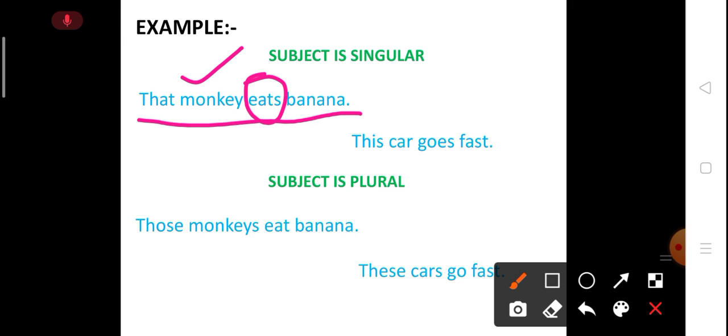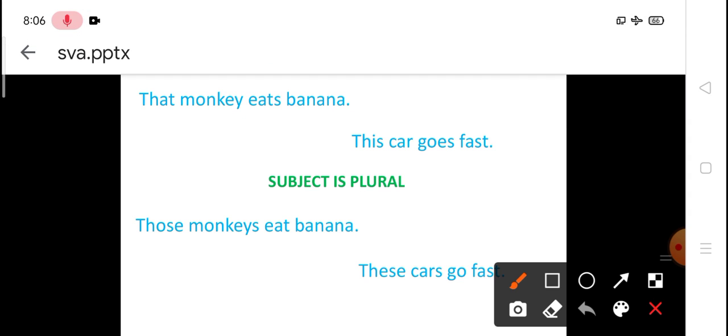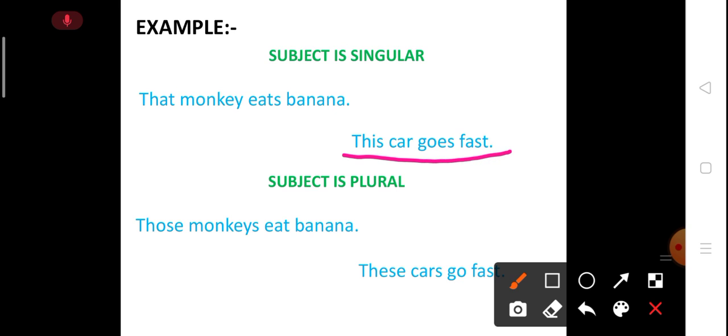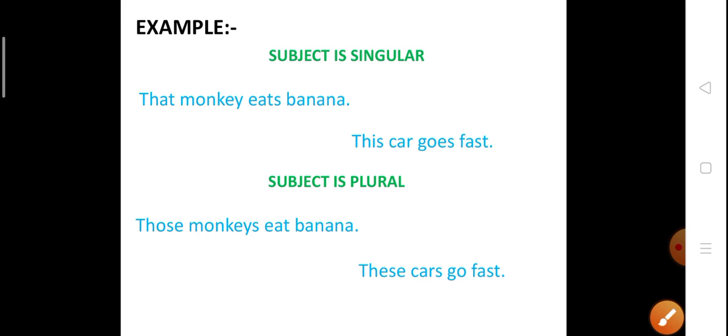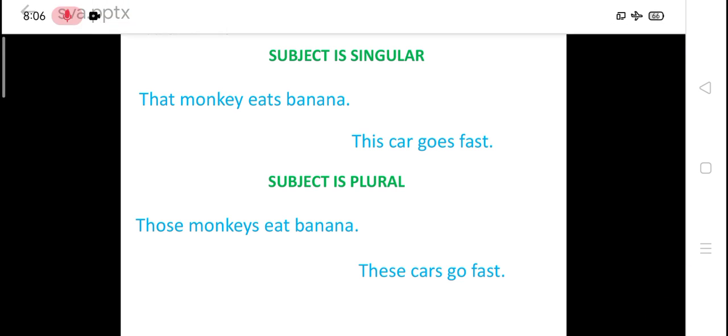Now you can see the next sentence. This car goes fast. Here car is singular and with that the verb, goes, is also singular. But if we talk about plural, those monkeys eat banana.